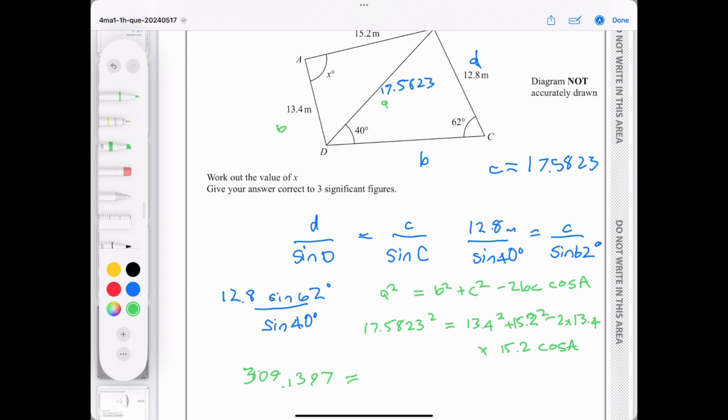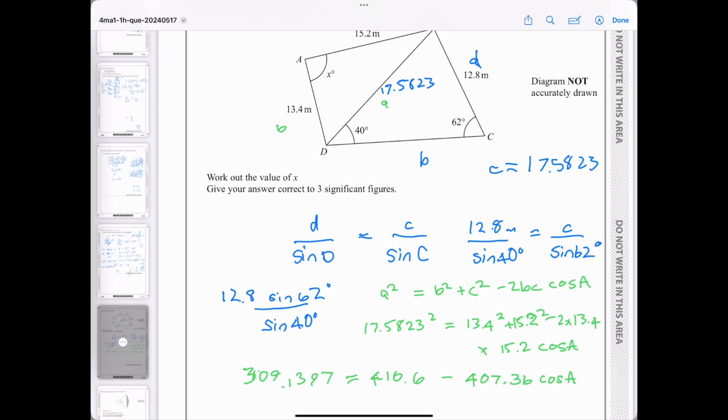I hate doing this, by the way, I find it really irritating. 13.4 squared plus 15.2 squared equals 410.6, and then I'm just going to do the arithmetic for that. So 2 times 13.4 times 15.2 equals 407.36 cos A.